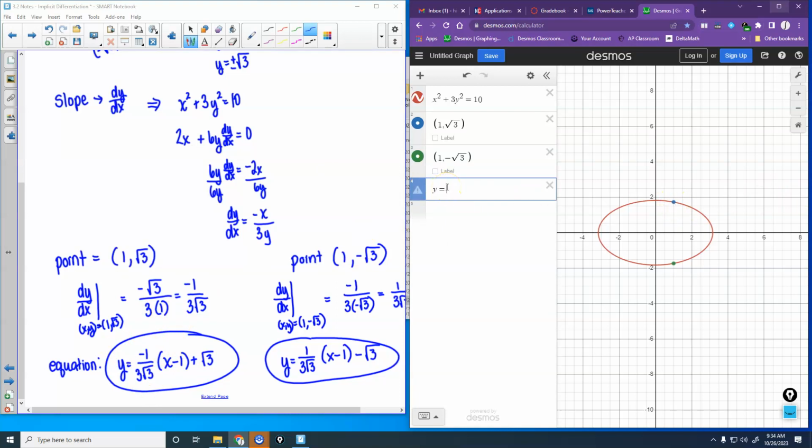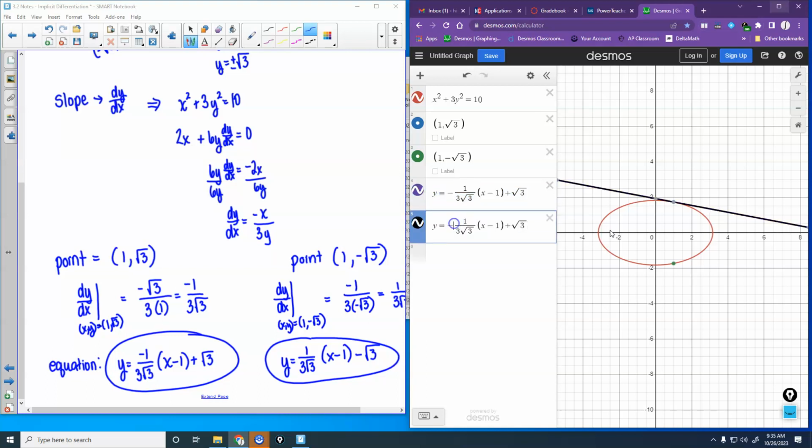So if I type it in, y equals negative 1 over 3 square root of 3 times x minus 1 plus square root of 3. You can see it goes right through that point, right? If I type in the second, which is very similar, so I'm going to copy and paste and adjust it. That's got a positive slope. This number right here is negative, and you can see there's our other tangent line here.